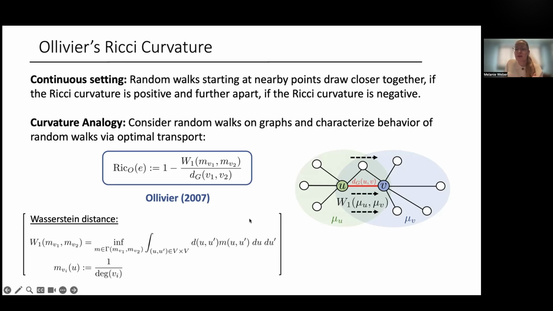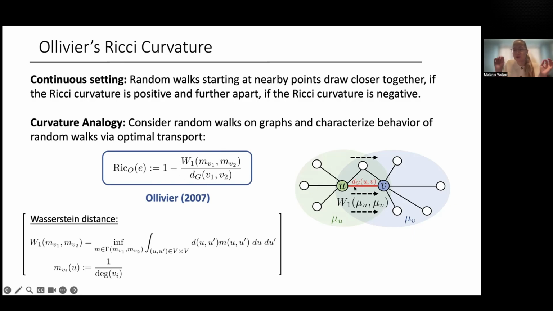And this overlap is something that we can measure with optimal transport. So by looking at the Wasserstein-1 distance between the two uniform measures that are induced by the uniform random walk that we're considering. And then Ollivier suggests to say that the Ricci curvature is 1 minus this Wasserstein-1 distance between the measures divided by the shortest path distance.